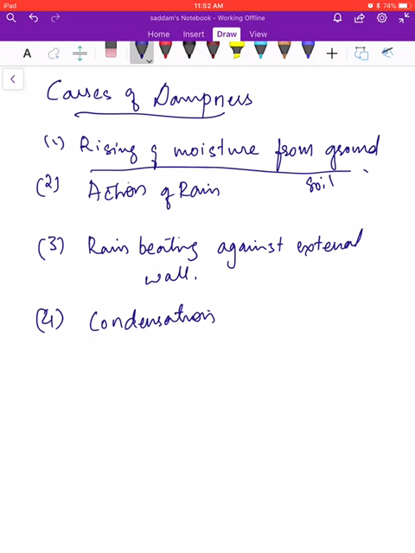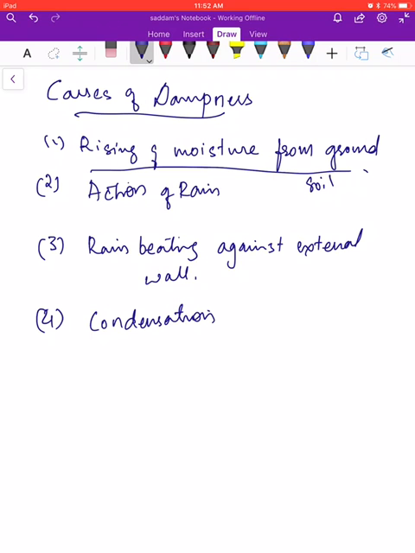Okay, so whatever the material we are using for the foundation, by capillary action they absorb moisture. Thus dampness is observed in the building. Are you getting my point? This is the first point.